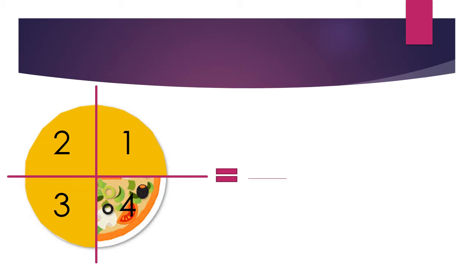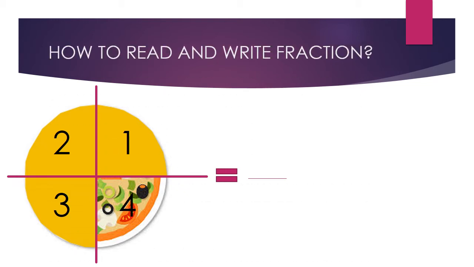If I cut it into 4 pieces and I ate 3 pieces, so this is called 3 over 4, or 3 quarters.